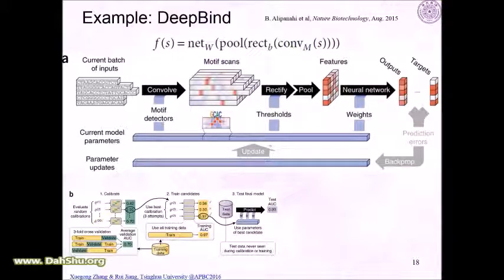And then they use a fully connected neural network, the MLP, and use the target as the training and use the backpropagation to update the parameters in this model. And these are some details.